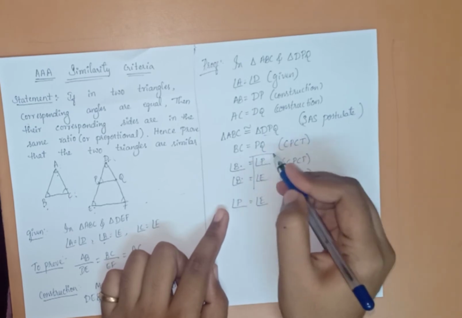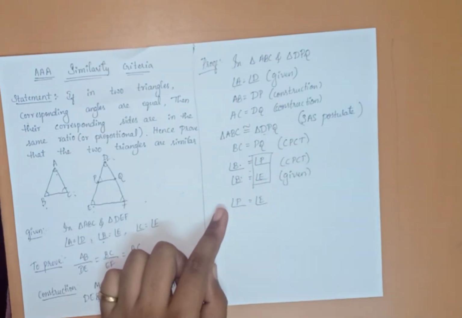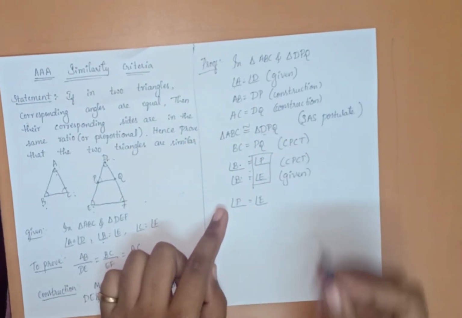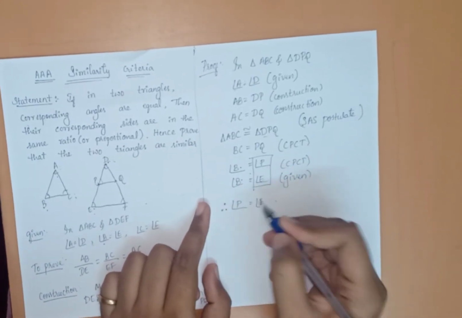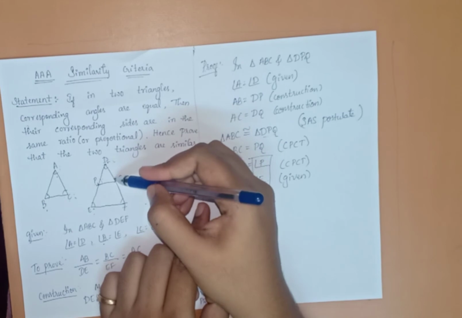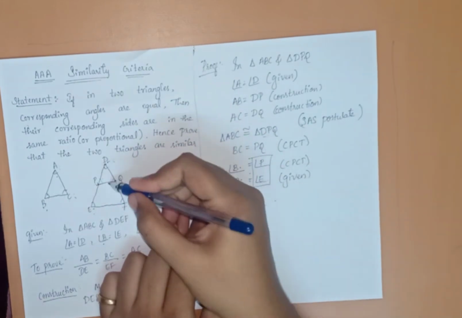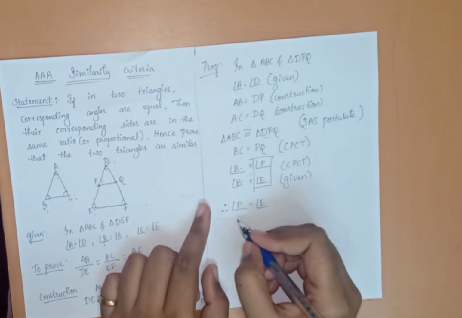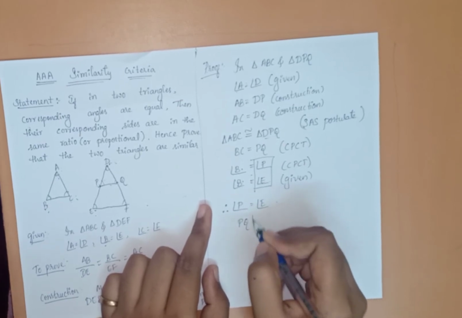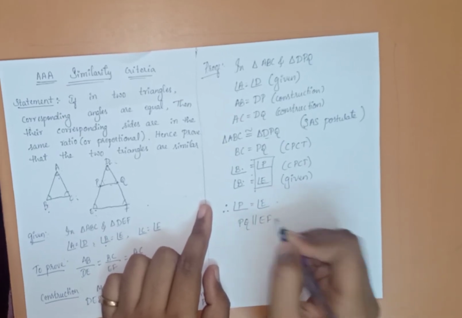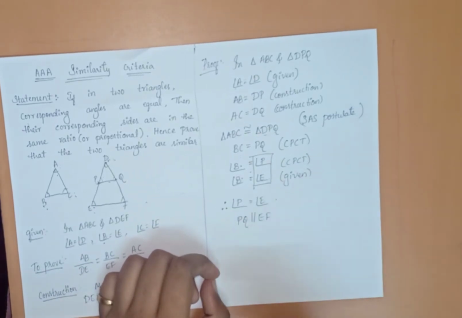Because they are both equal to angle B, based on this we can say angle P is equal to angle E, and also angle Q is equal to angle F. So PQ is parallel to EF, since the corresponding angles are equal. If it's parallel, the ratios will be equal.